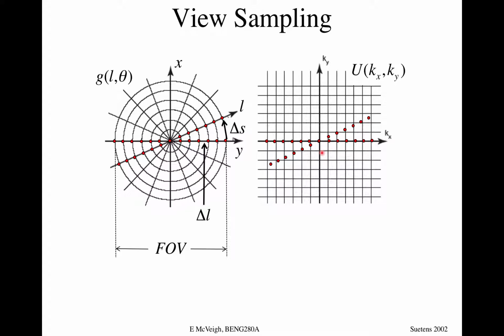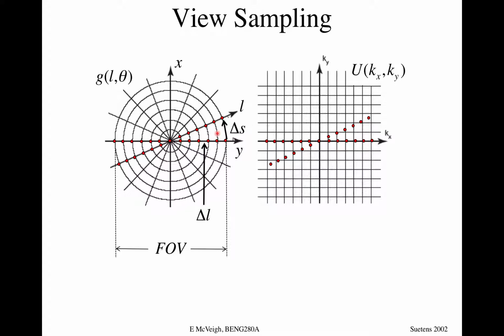The delta kx here gives us the dimensions of the field of view, or the replicants of the image. In order to adequately interpolate onto this grid, you have to have a reasonable distance between these points. Out here, for example, if I needed these two values, the closest values I have from the other angles down here are pretty far away. So I'm going to have to do a lot of lengthy interpolation and smoothing to figure out what the data is in here, and I'm undersampled out here.